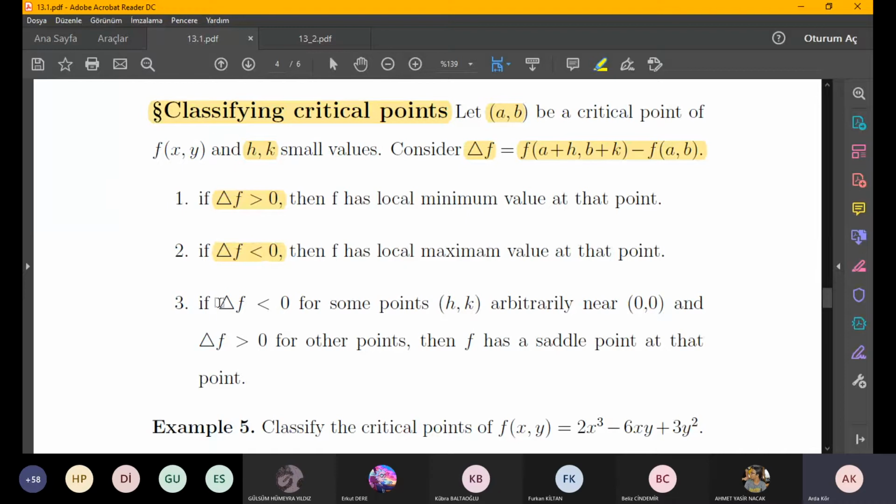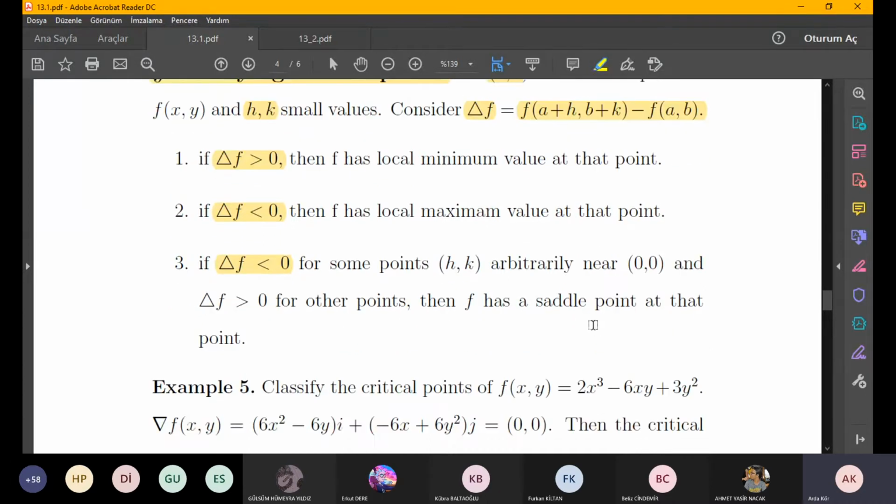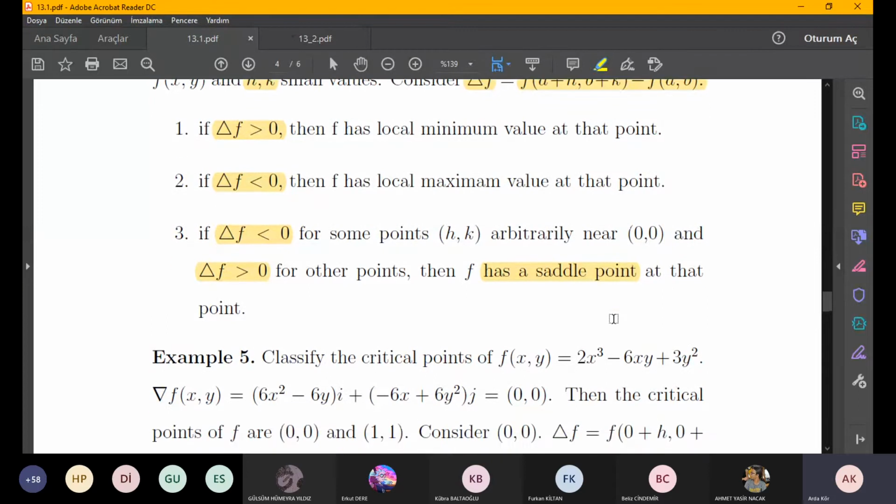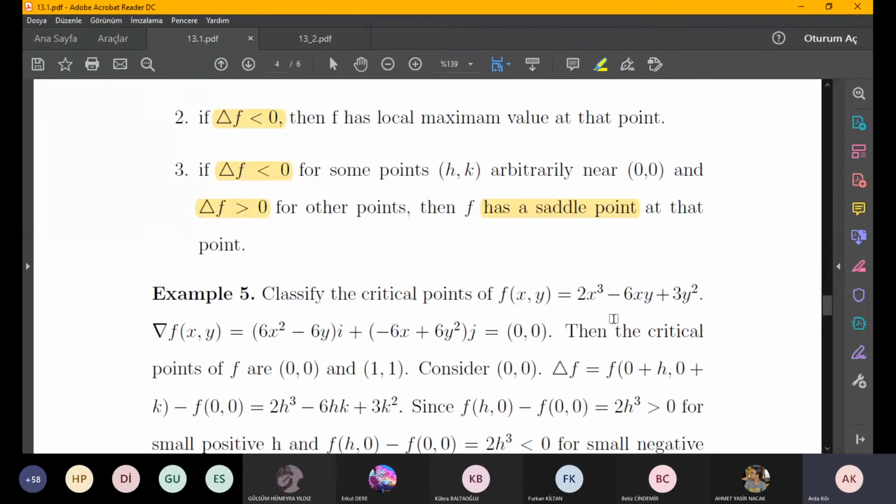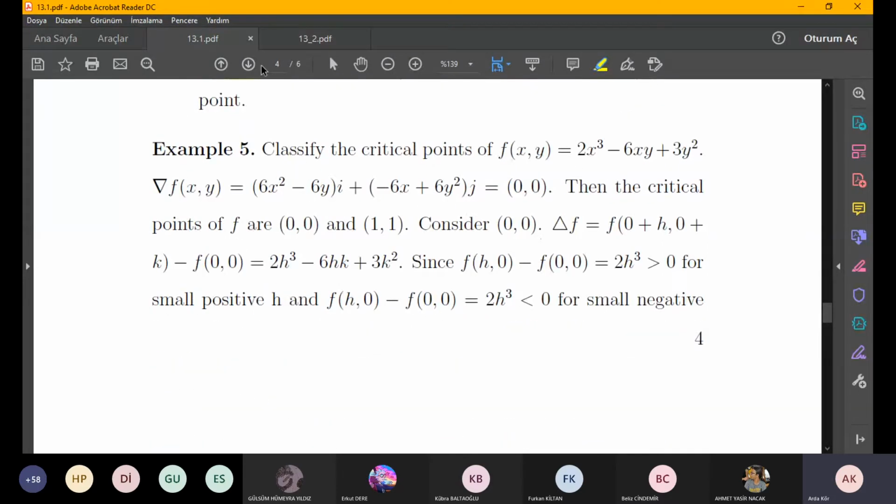If delta f is smaller than 0 for some h, k arbitrarily near 0, and also positive for other points, then we call (a, b) a saddle point of f. This is one method. Also we will have another method, the classification.